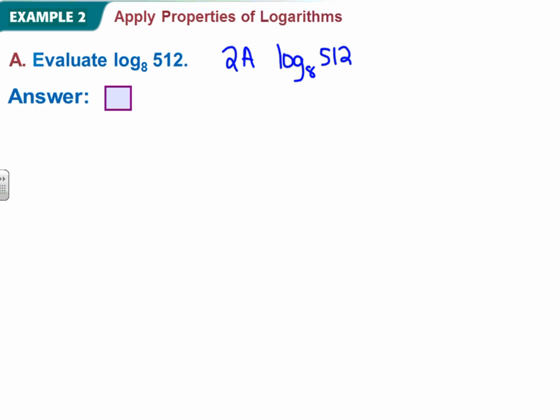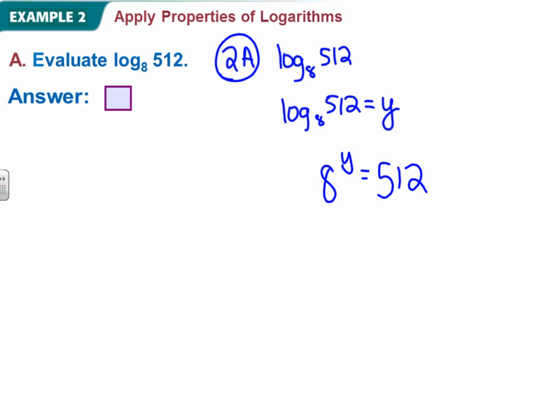So there's more than one way to do this. One way is to take the log base 8 of 512 and set it equal to y or x or whatever you want to call it, and then write it in exponential form. So what's the base? 8. What's the exponent? y. Equals, what's the answer? 512. So now I have to ask myself, can I raise 8 to a power and get 512? So check that out.